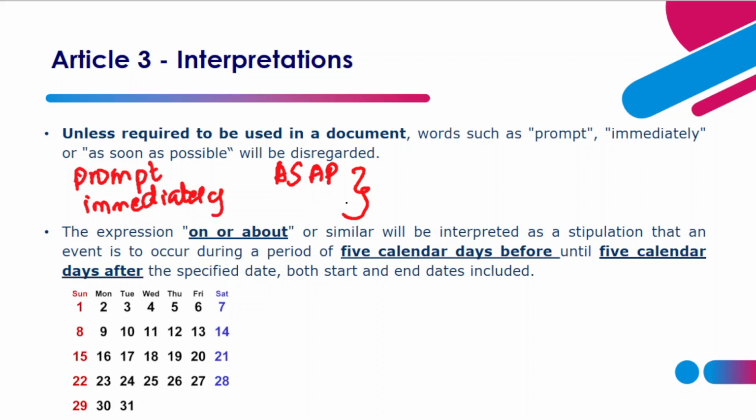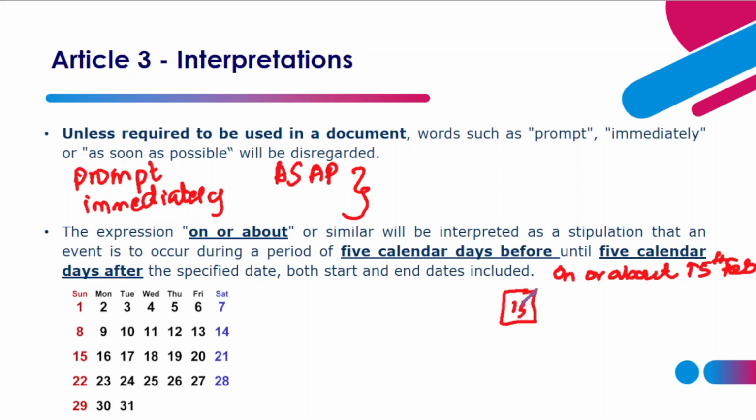Now, let me break it down for you. What they're saying is, imagine you have a specified date. For example, the 15th. The LC says something is to happen on or about 15th, let's say 15th February.